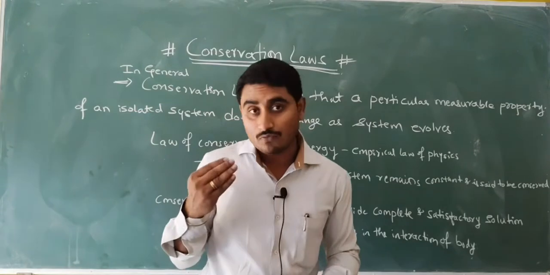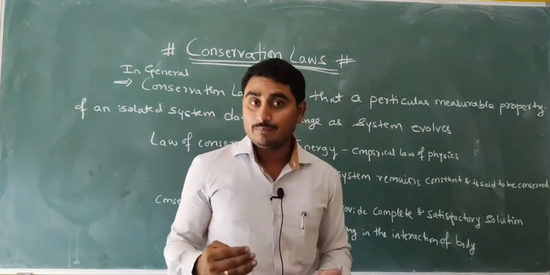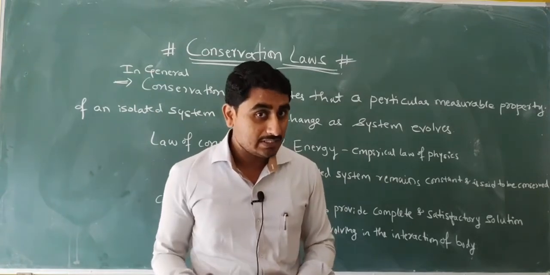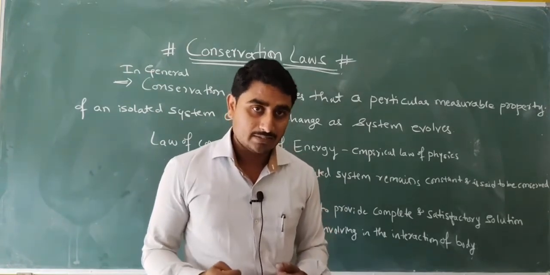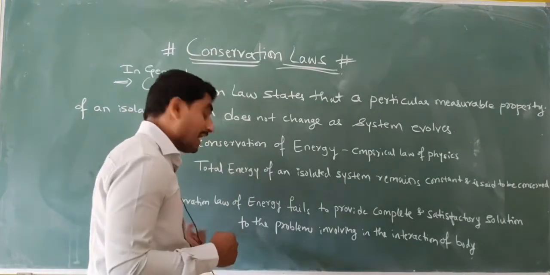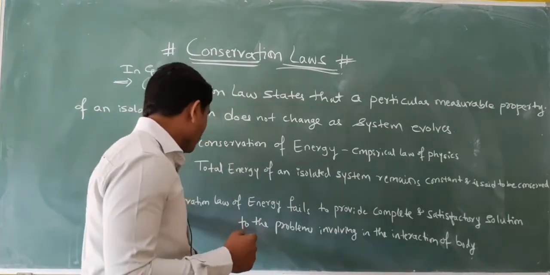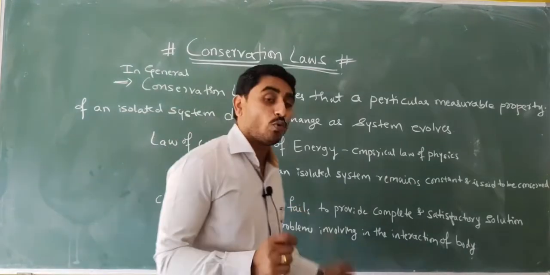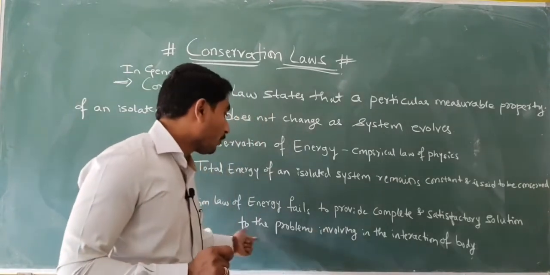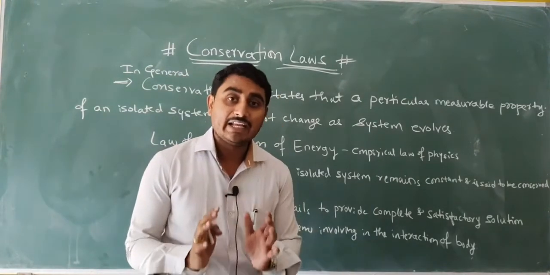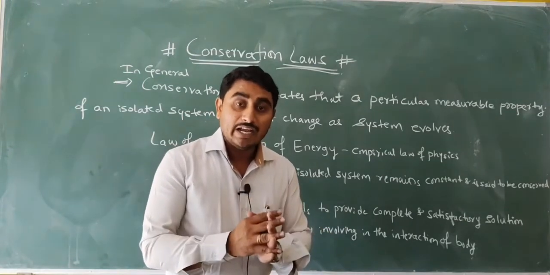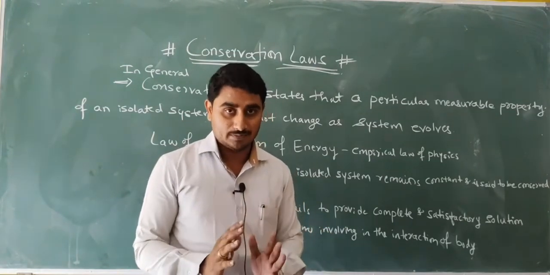Now, we already have the law of conservation of energy, so what is the use of the law of conservation of linear momentum and angular momentum? Why is it necessary? Yes, it is required, because the law of conservation of energy has some limitations. It fails to provide a complete and satisfactory solution to problems involving interacting bodies. If a body interacts with another body, it fails to give satisfactory results.